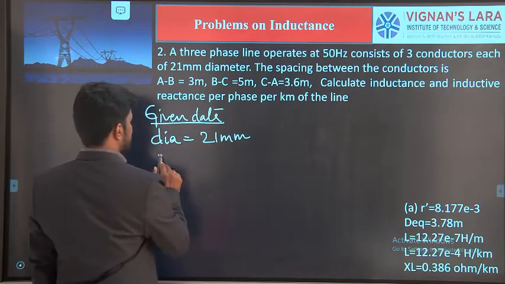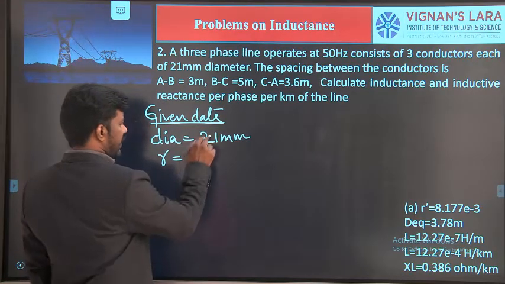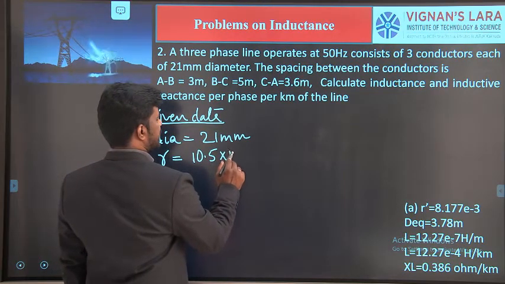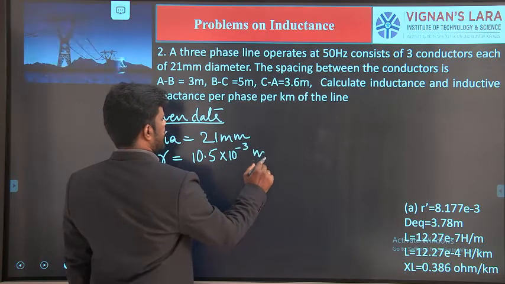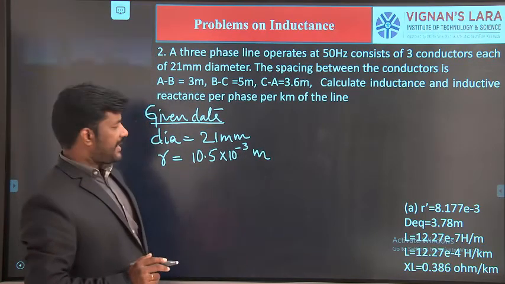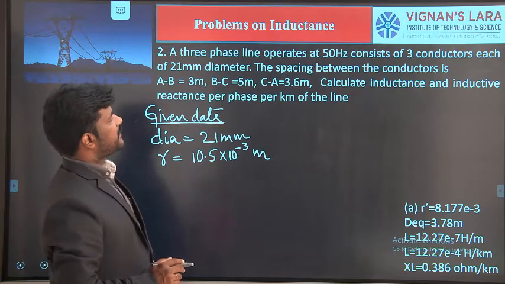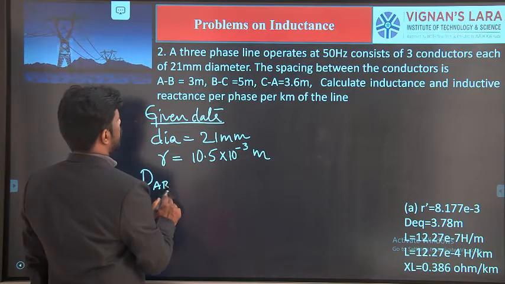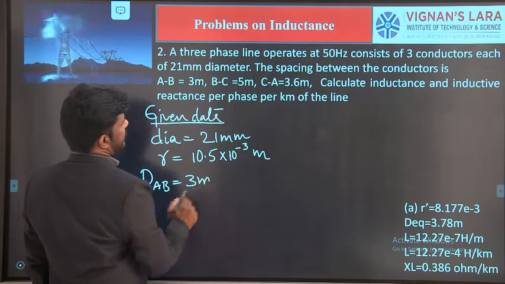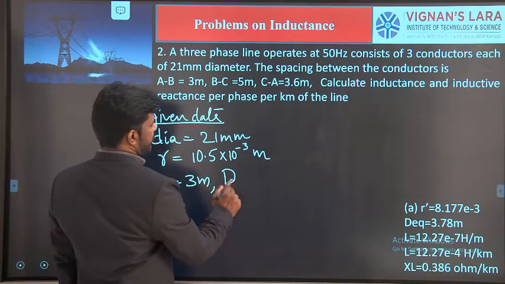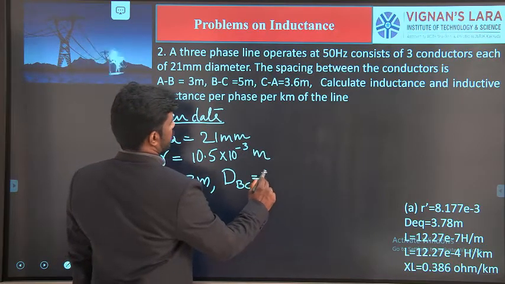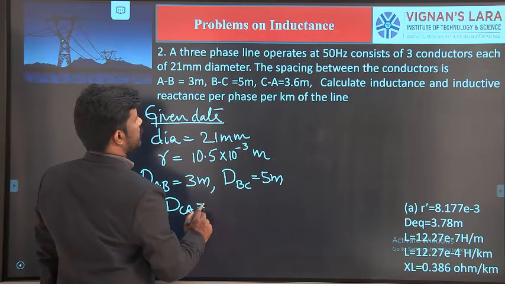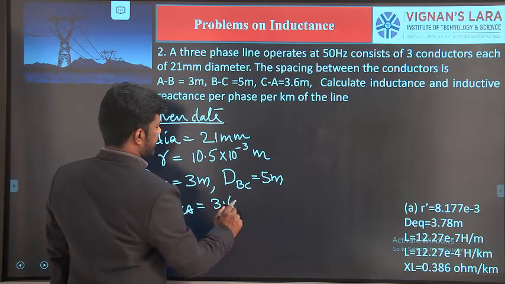But we want the radius small r, which is equal to half of this, 10.5 millimeters, converted into meters so that it will be 10.5 into 10 power minus 3 meters. And the spacing between the conductors is DAB, which is equal to, given very neatly, 3 meters. And next, the distance between B and C is equal to 5 meters. And the distance between C and A is equal to 3.6 meters.